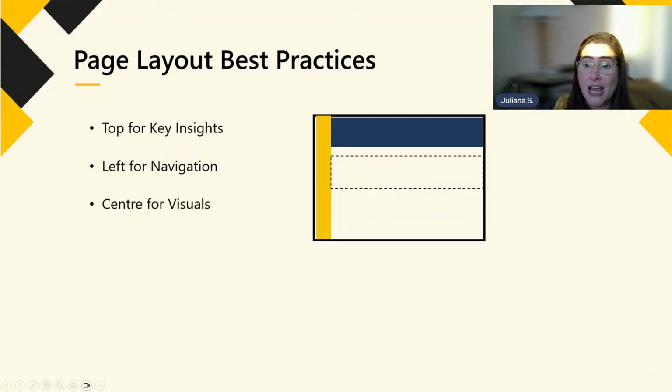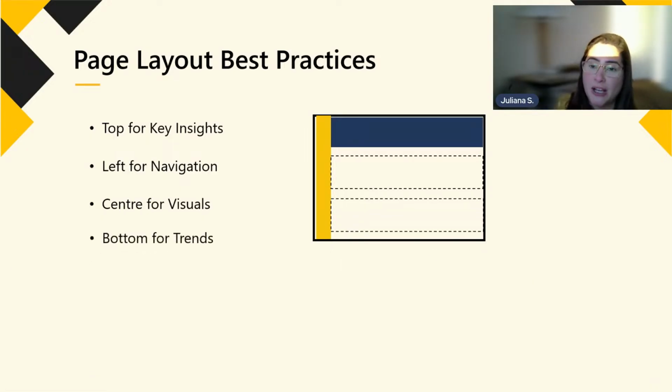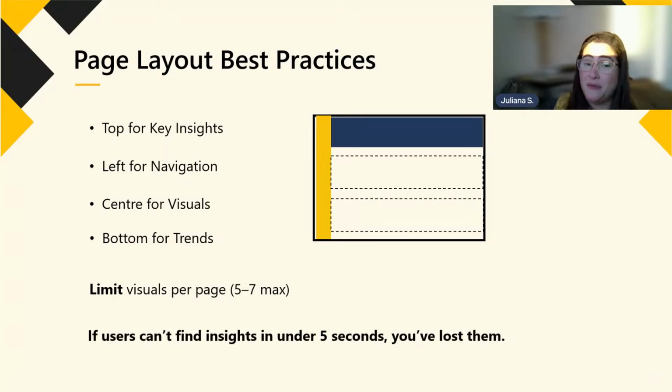Use the center for visuals that support your KPIs, and then bottom for trends, or detailed view. Very important, limit the number of visuals per page, 5 to 7 maximum. And remember, if your users cannot find the insights they need in under 5 seconds, you probably lost them.